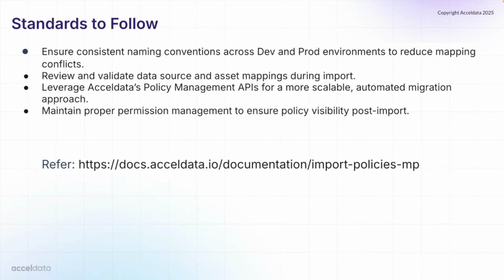Wherever possible, leverage Acceldata's policy management APIs for a more scalable and automated migration approach. Please maintain proper permission management to ensure that the policy migration and the visibility post migration are correct, which should also help with the validation.